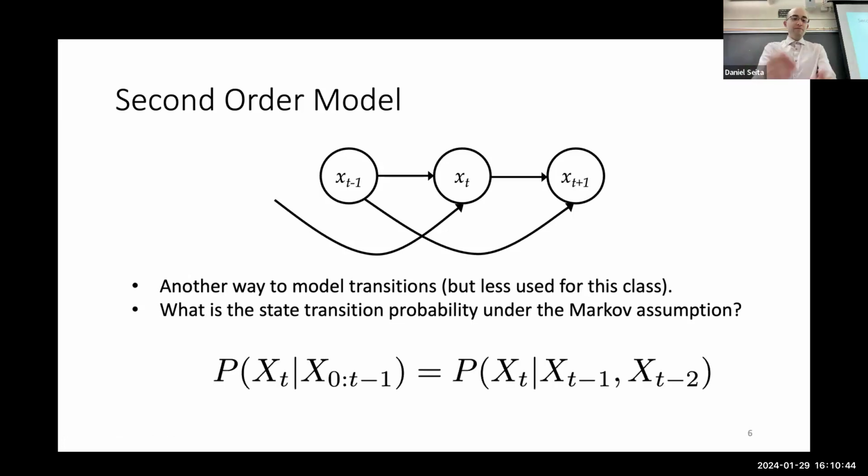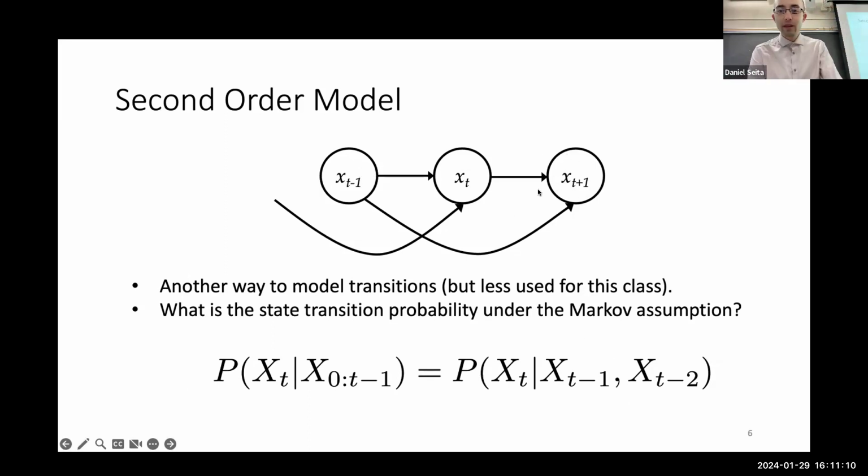So you have something like this. The probability of xt conditioned on all the preceding states is going to be equivalent to conditioning on the prior two states instead of the prior one. Again, you can look at that from the perspective of the Bayes net. Maybe xt plus 1 is going to be easier to visualize.